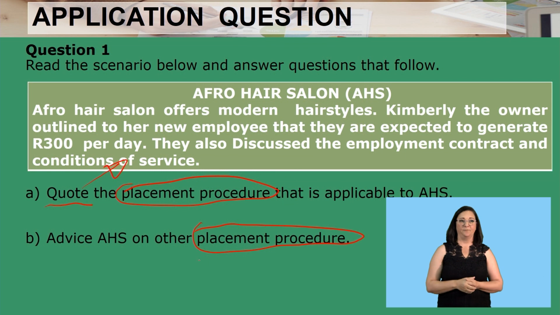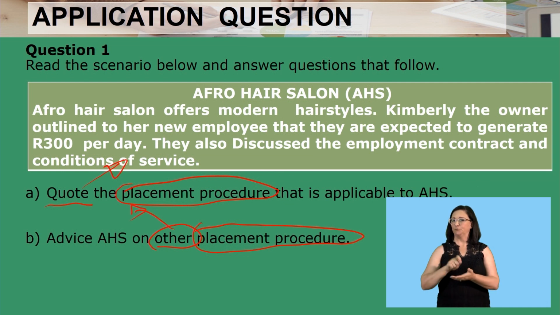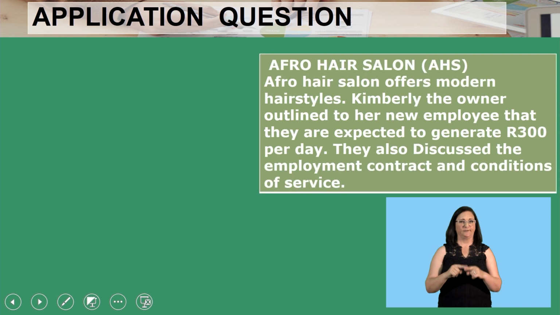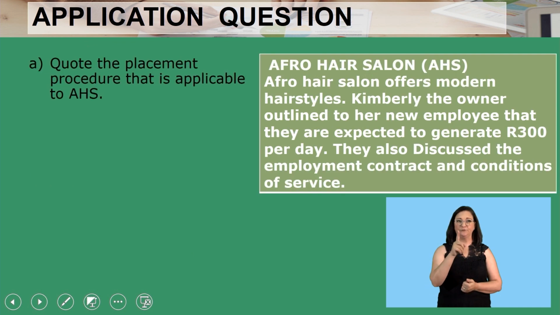And when they say other, it means other than the ones that you have already quoted in question 1A. You need to be very mindful that you don't find yourself repeating the same points that you've mentioned in A above.